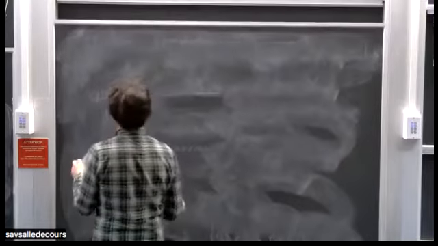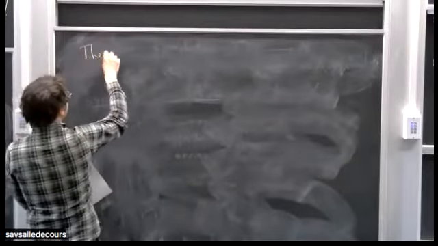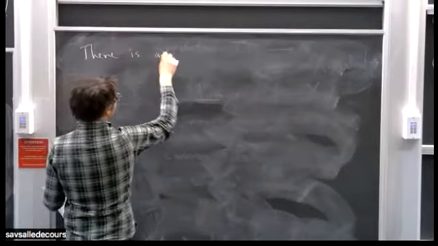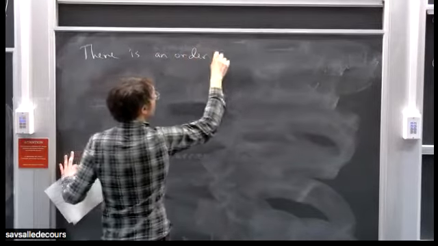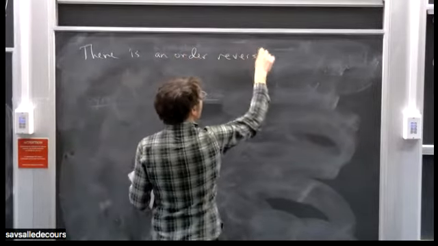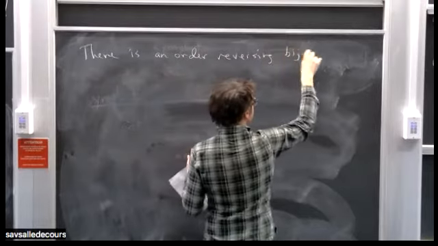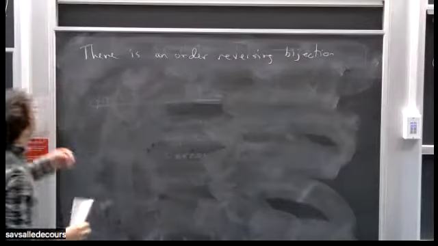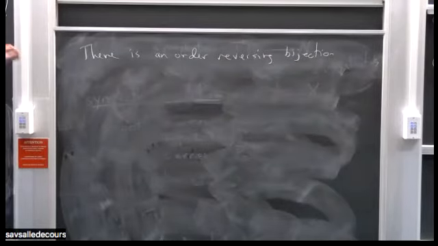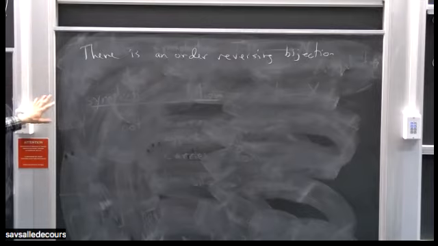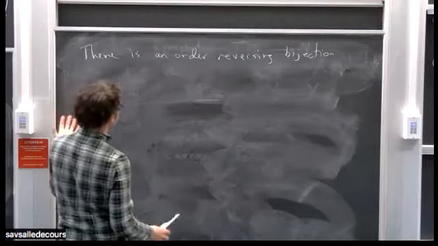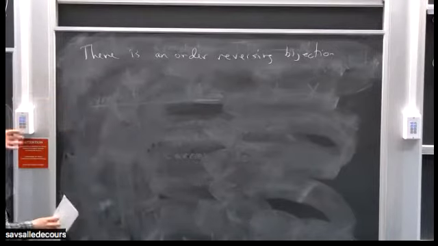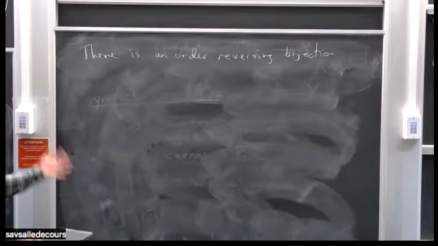Here's one example. So there is an order reversing bijection. When you say I have this symplectic dual pair, it means that I expect certain things to be true, and now I'm telling you one of those things. It's not really a theorem, it's more of a thing one should try to prove in any given example.